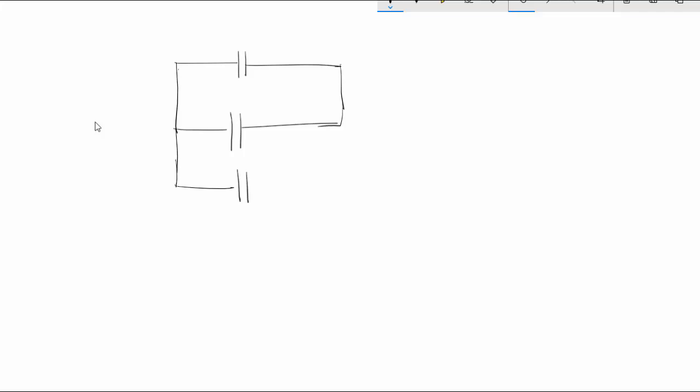Again, there could be a case where there are 3 capacitances, C1, C2 and C3, in parallel.